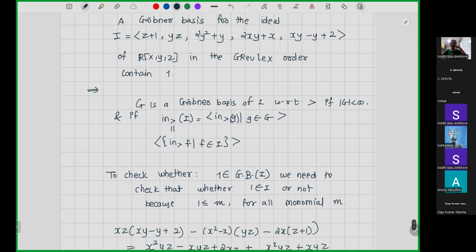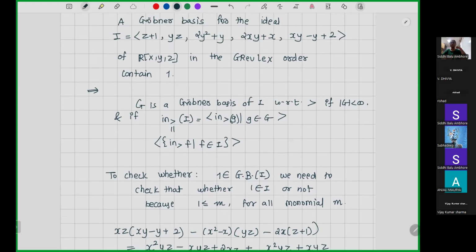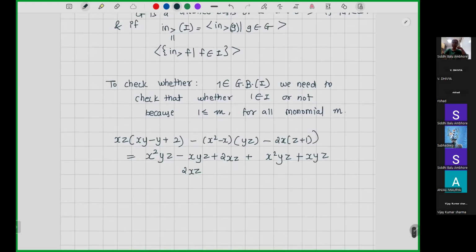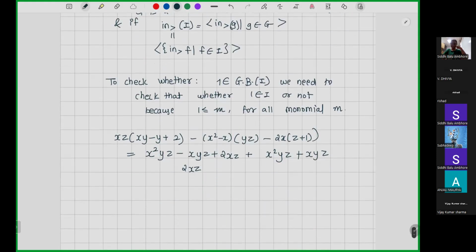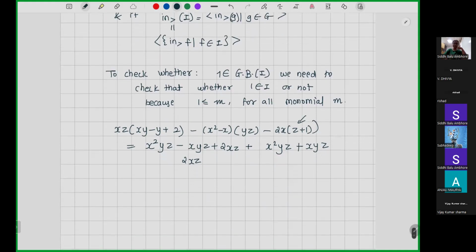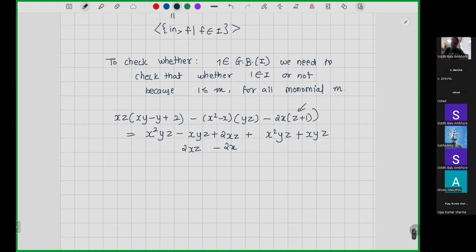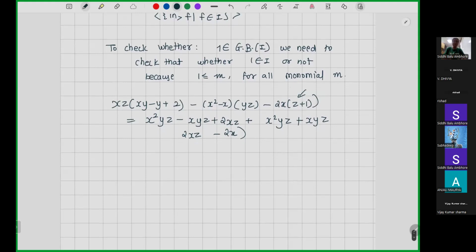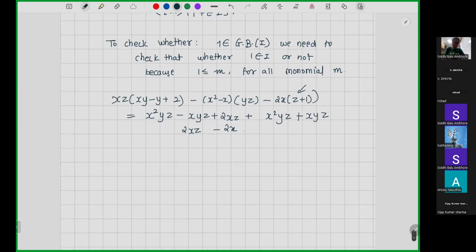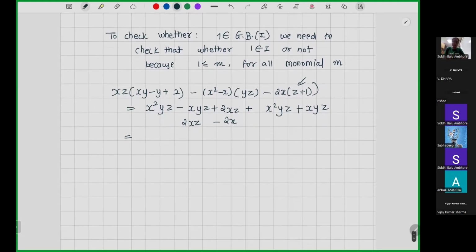Is there a way that we can get 1 from this z plus 1? Because every other polynomial is of higher degree. Yes, we can. But working with z plus 1 is most useful. Yes, we are working here with z plus 1. And here we have minus 2x. So if I'm just writing here x because you asked about x, then when I do this, this is minus 2x.